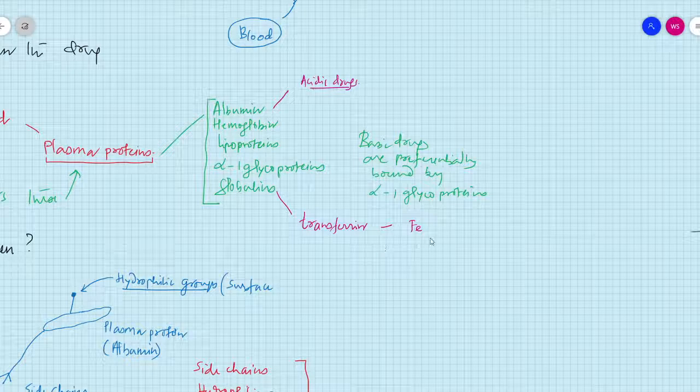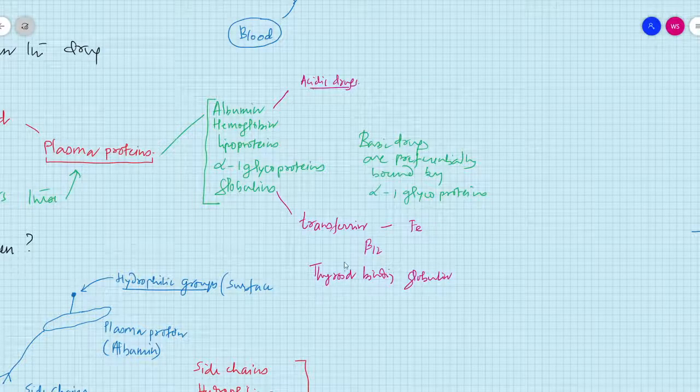Then there is another globulin that binds to vitamin B12, transcobalamin, and we have thyroid binding globulin. That binds to the thyroid hormone, and there is ceruloplasmin. That binds copper.